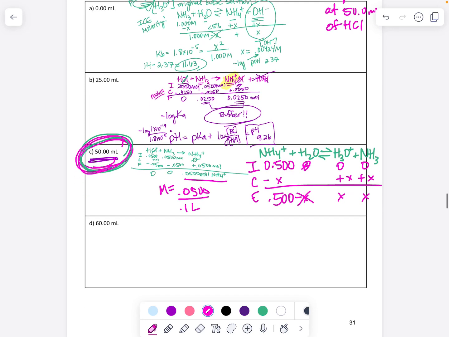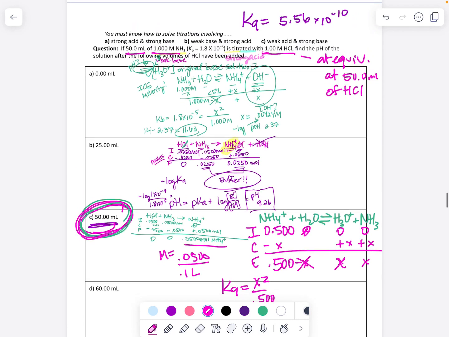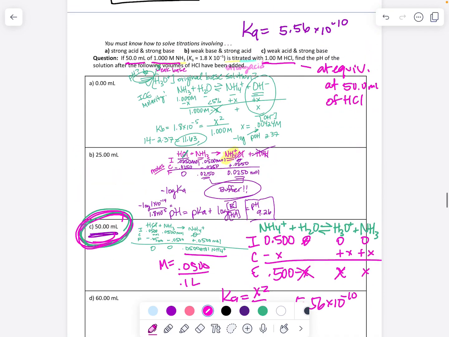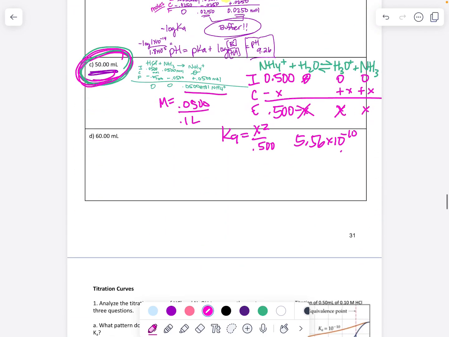In order to figure out what the concentration of H3O plus is at this point, I have to go use my Ka equation. Ka is equal to x squared over 0.5. My Ka value we said earlier was 5.56 times 10 to the negative 10th, is equal to x squared over 0.5. When we take the square root of that, I get x is 1.67 times 10 to the negative 5th.